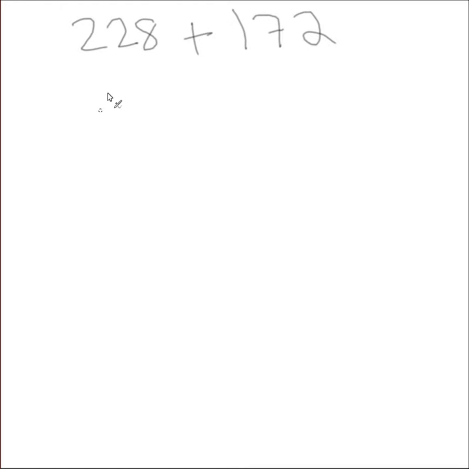Well, these are multiples of 4, and you can test that out if you want. Now, there's a divisibility test for 4. To test if a number is divisible by 4, look at the last two digits of the number. If those are divisible by 4, then the whole number is divisible by 4.